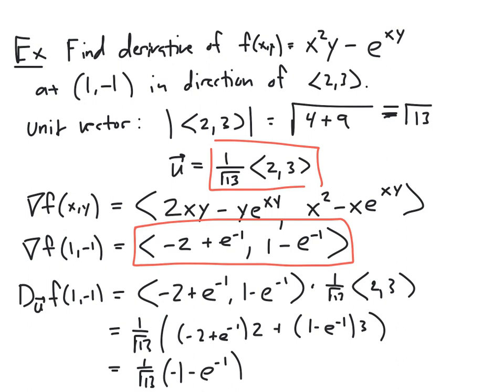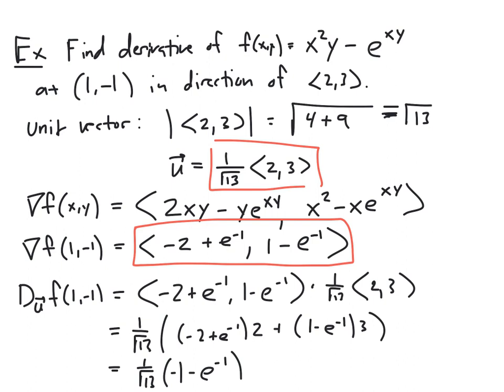This would be the slope of the line that intersects the graph of f at the point 1, -1 that goes through in the direction of the vector 2, 3. And as you can quickly imagine, this is much simpler than having to go through the limit definition for the directional derivative that we saw in the previous video.